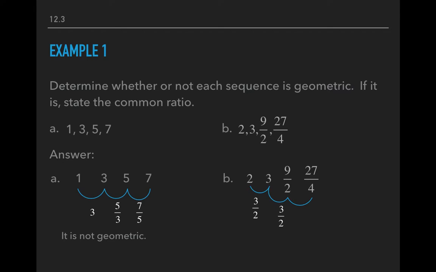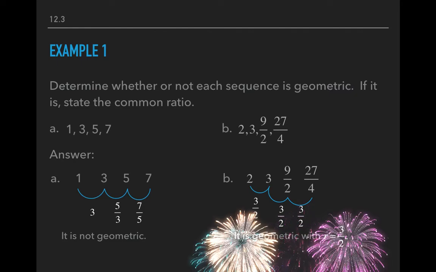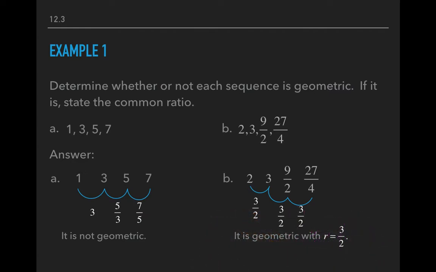So 27 over 4 multiplied by 2 over 9, and when you simplify, that does give you 3/2. So each time we have the same ratio, and this is going to be geometric because of it, and that ratio is 3/2.